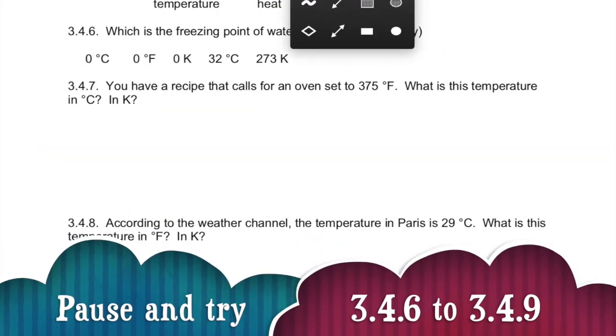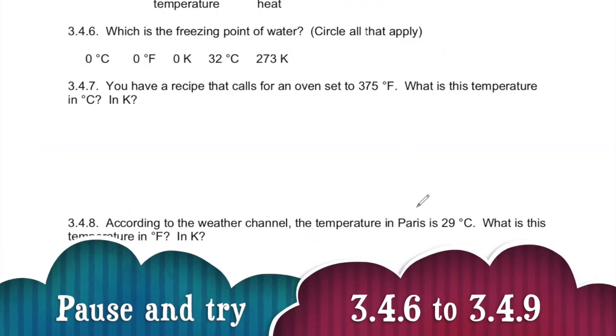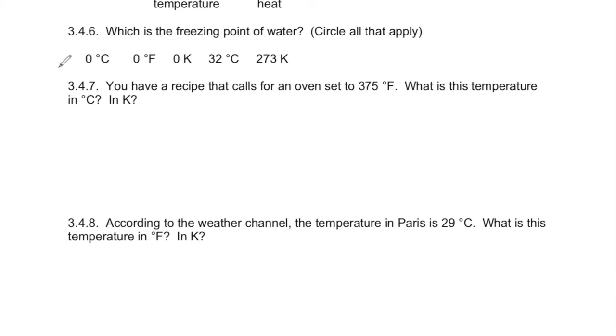All right, let's practice a few of these problems in the note packet to make sure that we understand. The freezing point of water I mentioned is 0 degrees Celsius or 32 degrees Fahrenheit. So if that were on the list, that would be one of them.